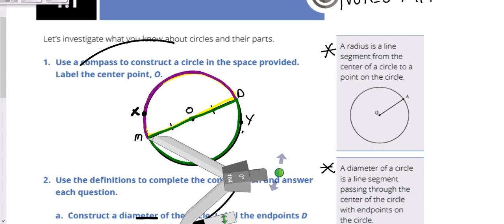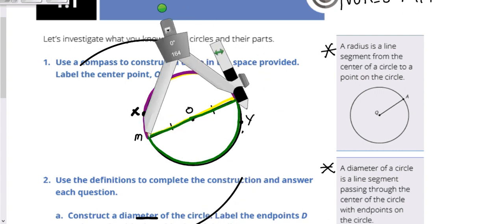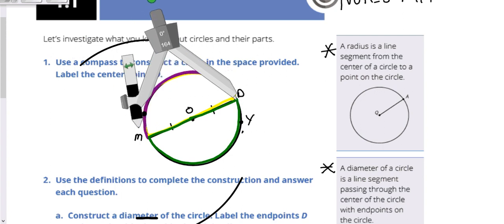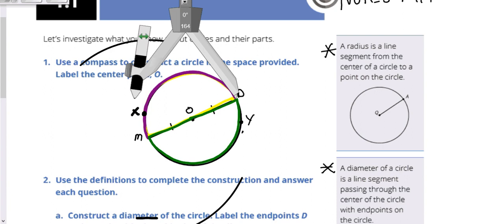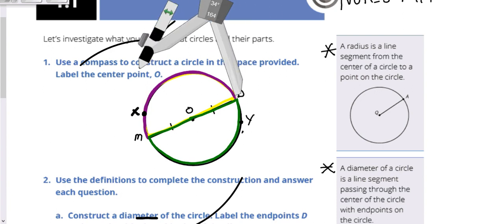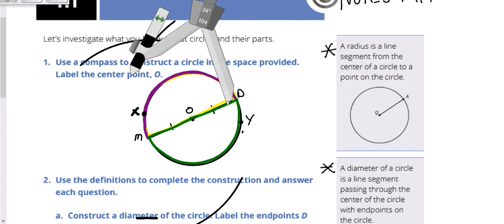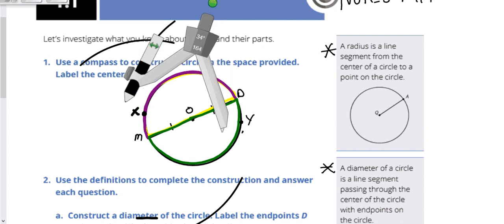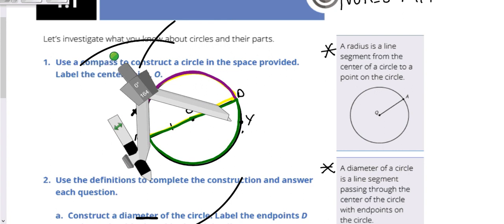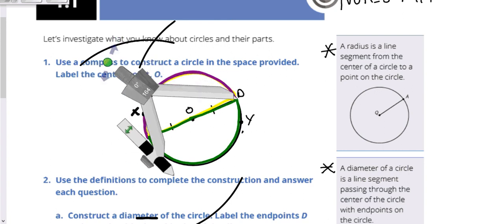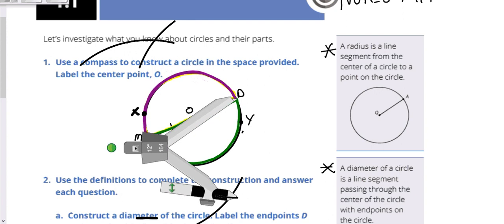Then I need to flip-flop it without changing the distance at all. We need to get some arcs up here, and then get some arcs down here.